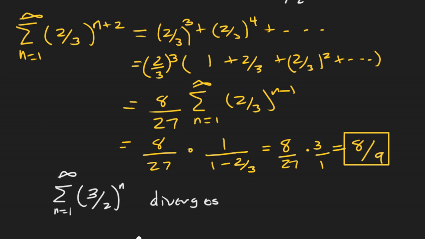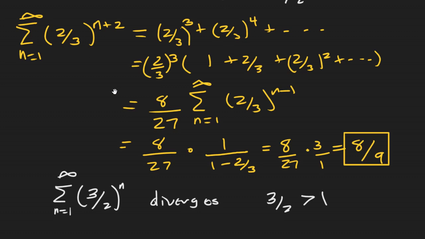It diverges due to the fact that the r is 3 halves, which is greater than 1, which is enough to show that the series diverges. Similarly, if you were just looking at the convergence of the geometric series, 2/3 is less than 1, so automatically we know that that's a converging geometric series.